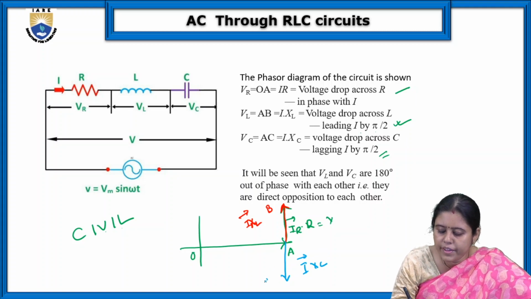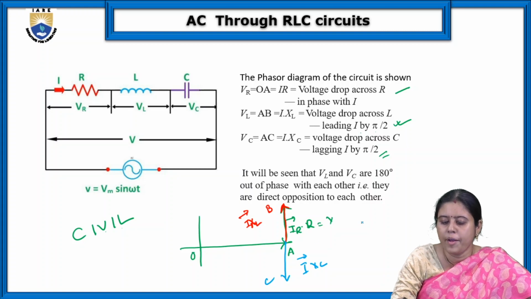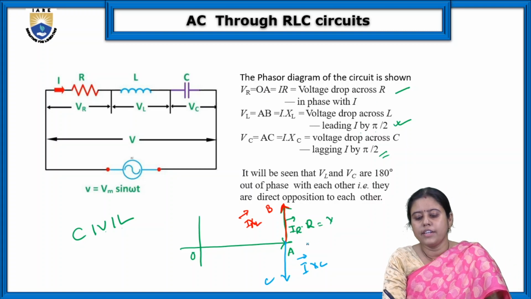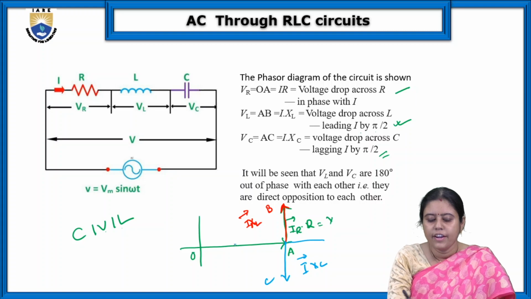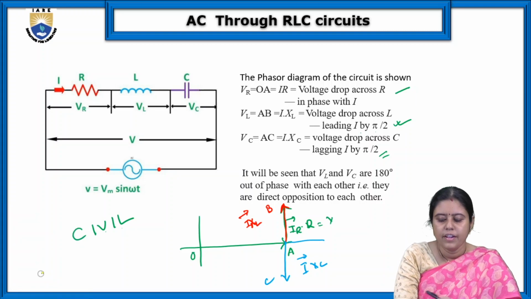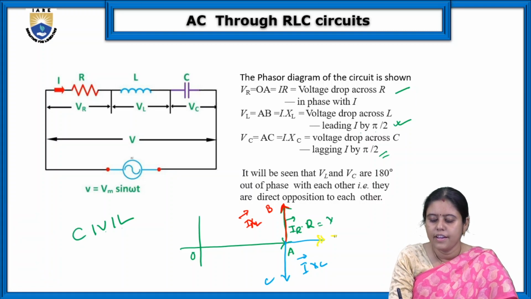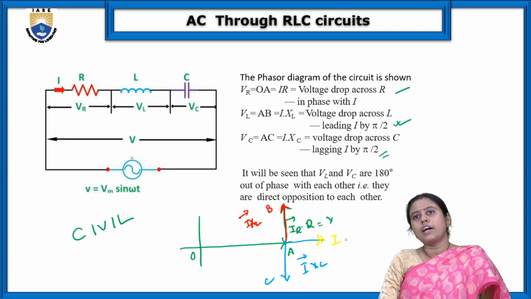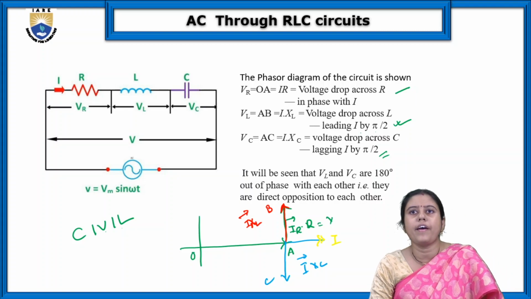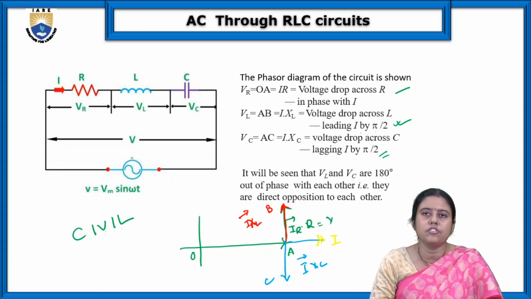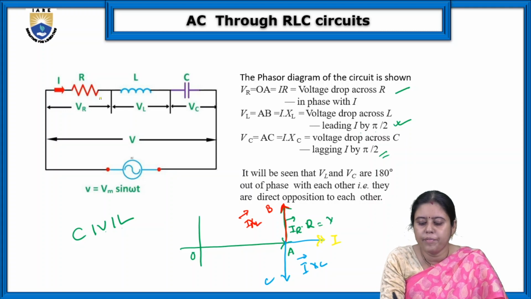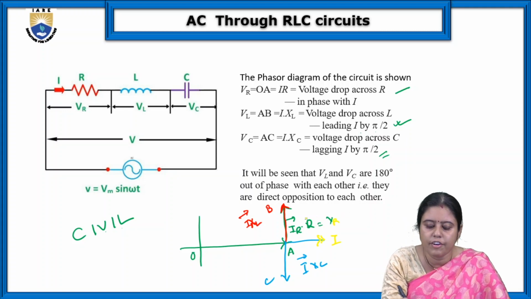So this is our B, this is C and this is OA. So OA is the voltage drop and this is our current I. So this is the current I. So as we know, the voltage drop across the capacitor, the voltage drop across the resistor VR, this is our VR.